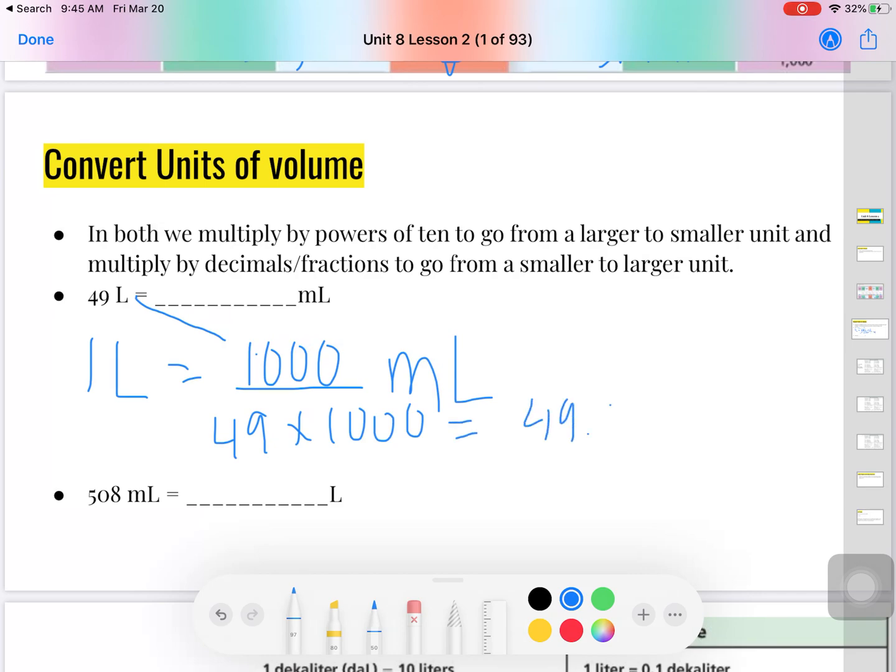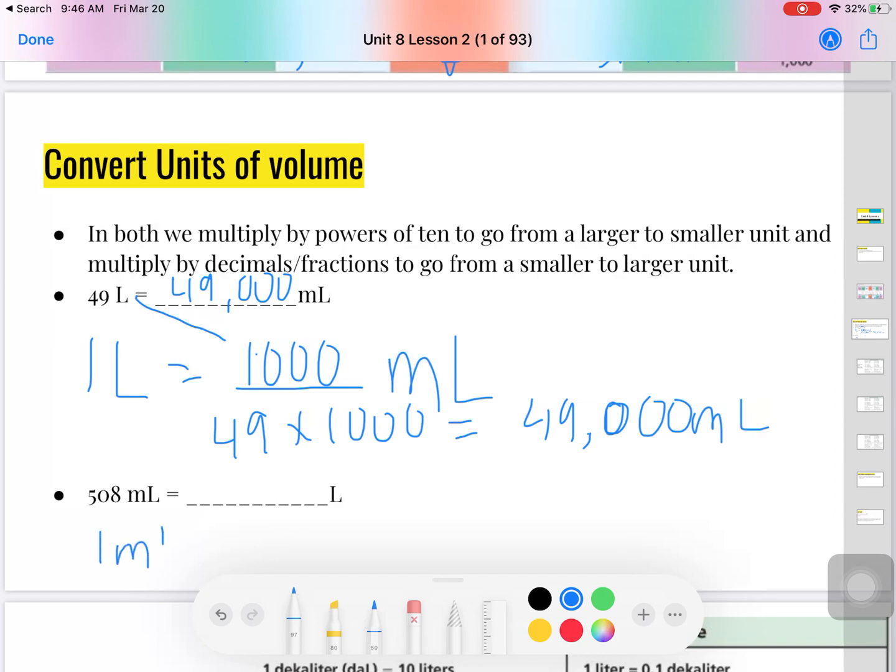And I end up with 49,000 milliliters in 49 liters. So 49,000.